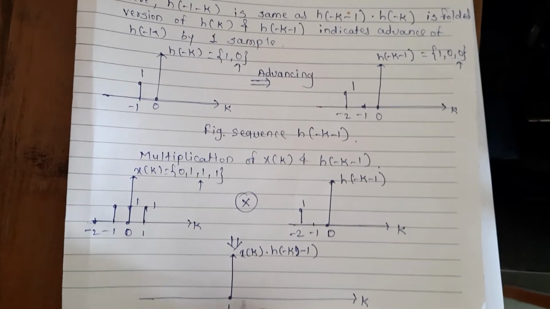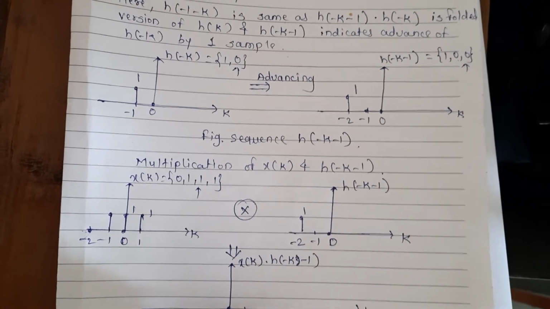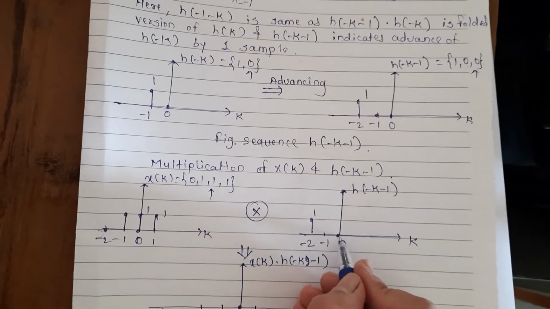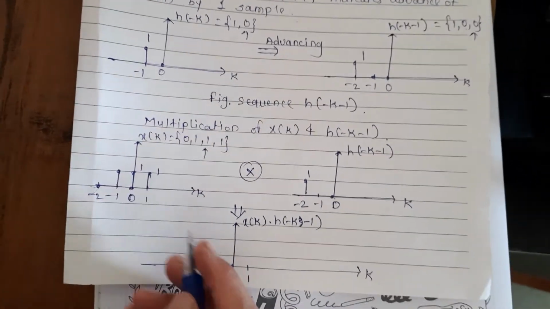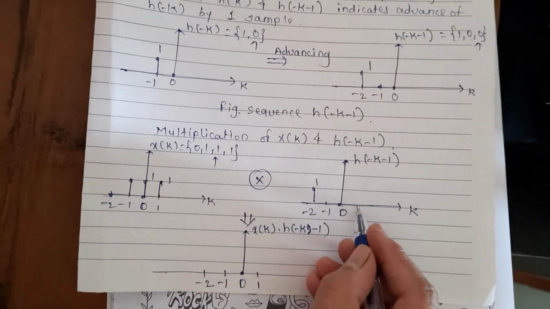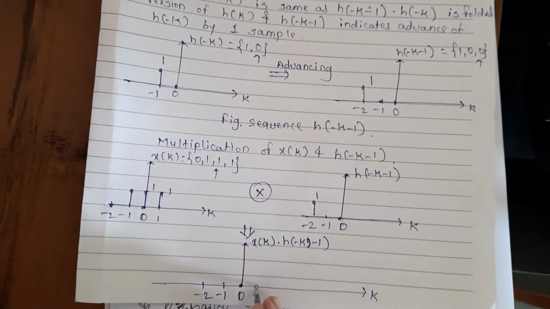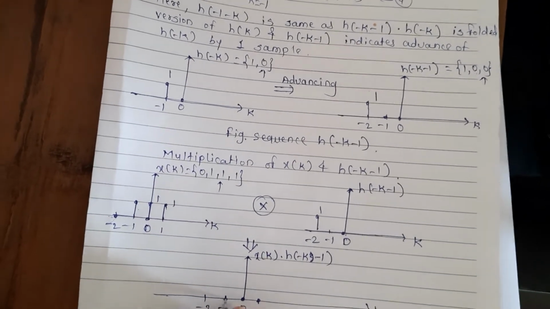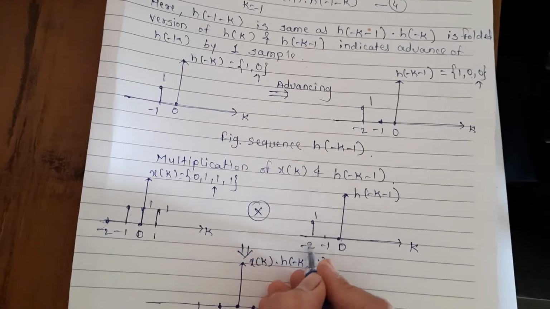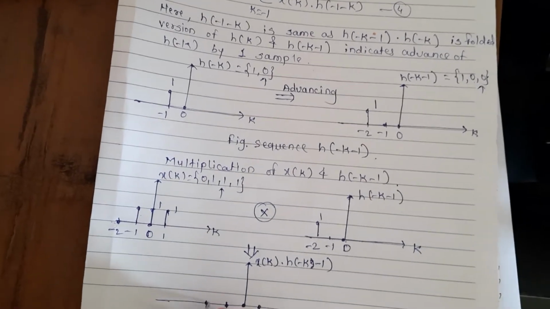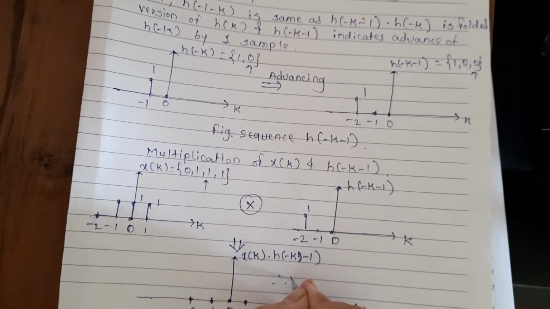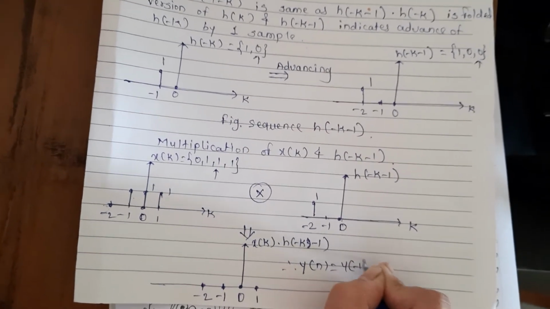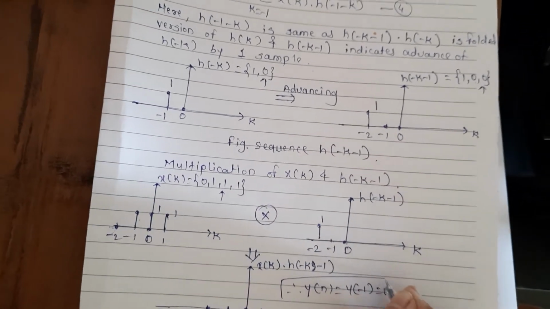Now for 0, 1, it is minus 1 and minus 2. So for 0 here value is 0 and here it is 1. It is 0. For this it is 0. For minus 1, 0 into 1, 0. And for minus 2, 1 into 0, it is 0. So this graph is for, so here y of n is equal to y of minus 1, that is 0.